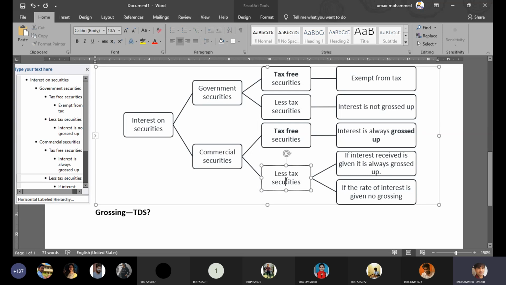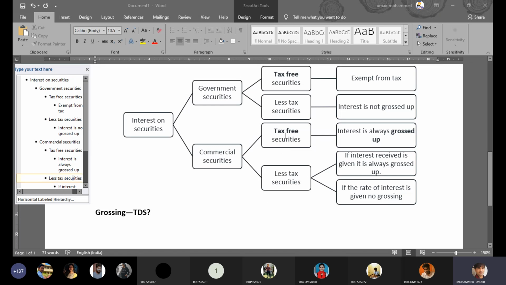Next, you have less tax securities. Now, in less tax securities, you have two variants, right? First of all, why is this called less tax securities? What's the reason for calling this less tax securities? Now, the word less tax signifies that before making the payment of interest, the tax at the rate in force shall be deducted at source and deposited by the issuing company on behalf of the investor.